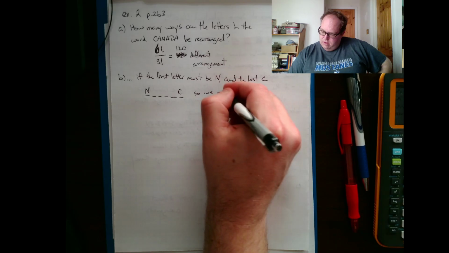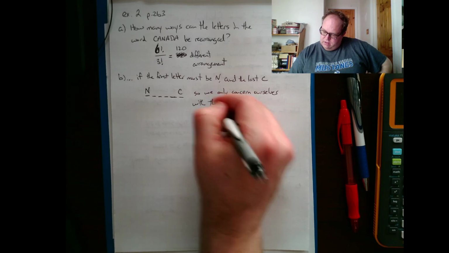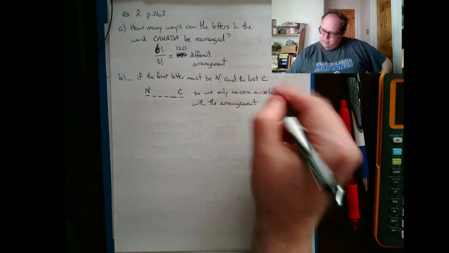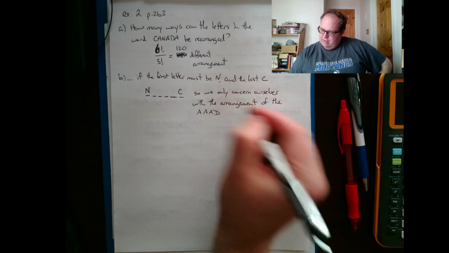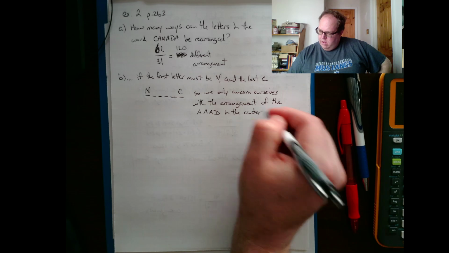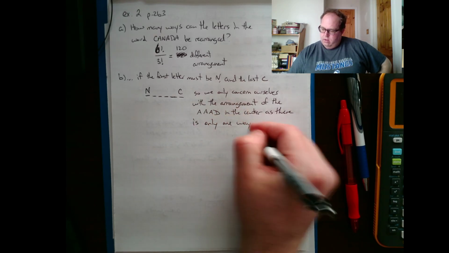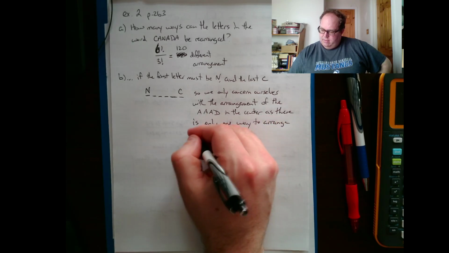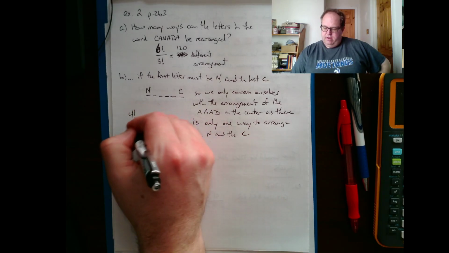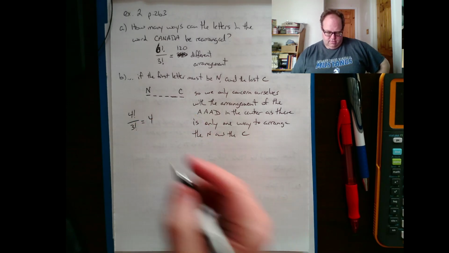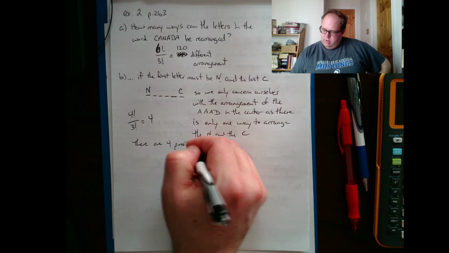So we only concern ourselves with the arrangement of the AAAD in the center, as there is only one way to arrange the N and the C. So I've got these 4 things to rearrange, 3 of which are identical, which is just going to work out to 4. Four possible arrangements.